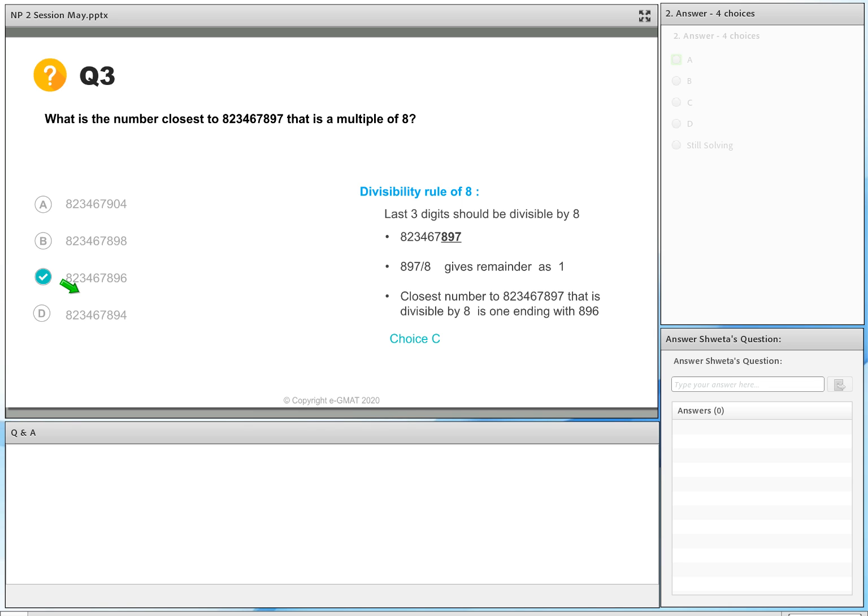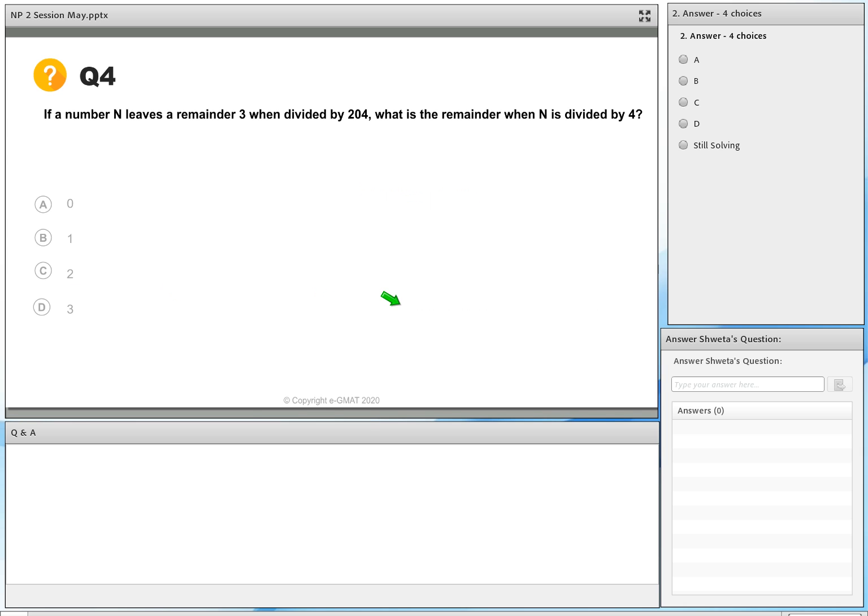All right, next up is warm-up question number 4. Again, you are going to have four choices. So just mark still solving, and then I'm going to show you the question. There you go. Good luck. This is similar to the one question we solved before these three.